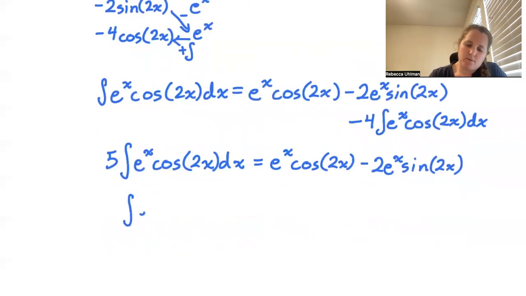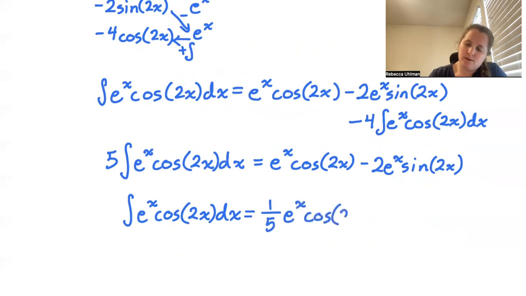Therefore, we have the integral of e^x cosine of 2x dx is equal to 1/5 e^x cosine of 2x minus 2/5 e^x sine of 2x.